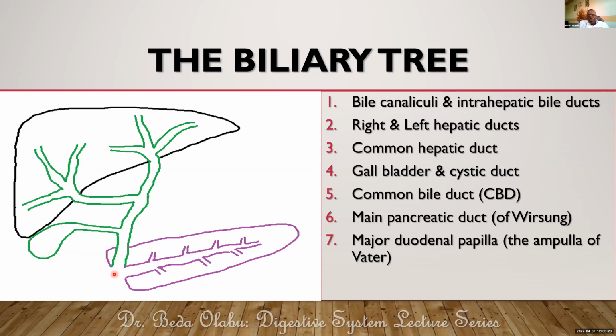It is in the duodenum. We also call it the major duodenal papilla. So that's the duodenum, and that's the major duodenal papilla, or the ampulla of Vater. Around that opening, we have a sphincter, and that sphincter is called the sphincter of Oddi. So that is basically the biliary tree.